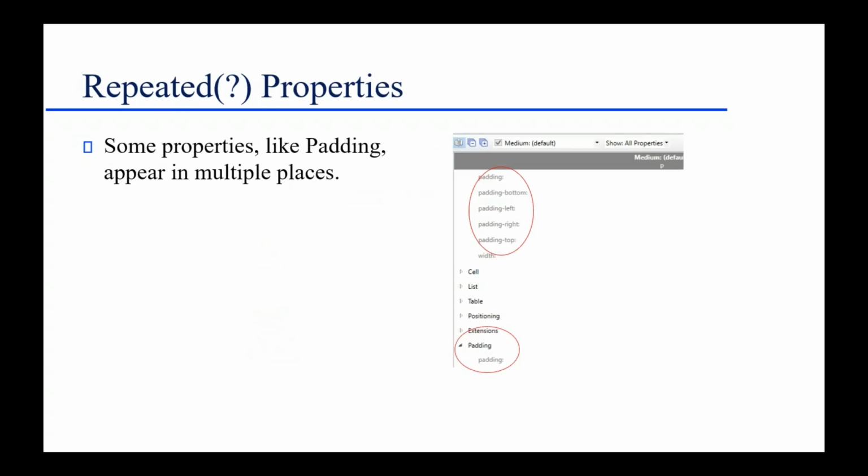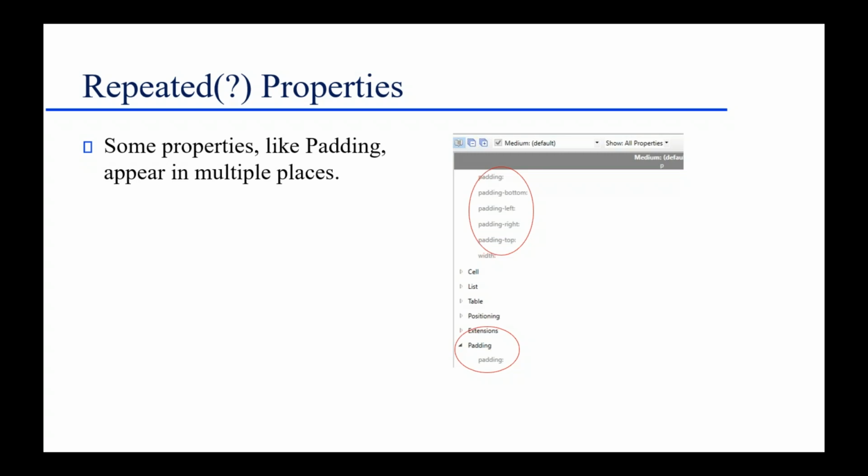All right, there's one thing that is really confusing, and I've been training on Flare since I think 2005, and I got this question almost always in every single class: why are some properties repeated?